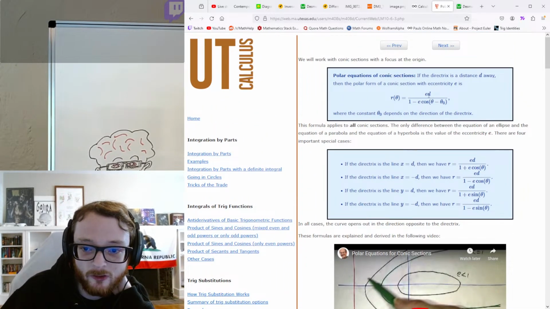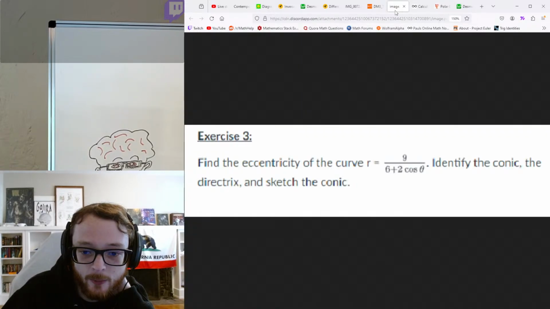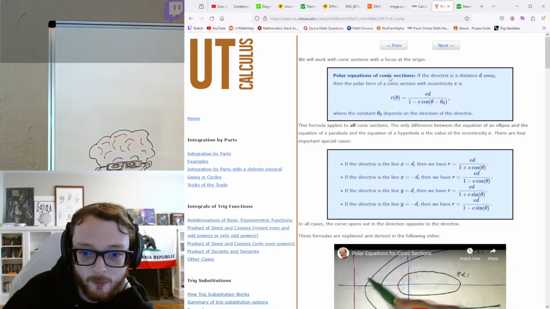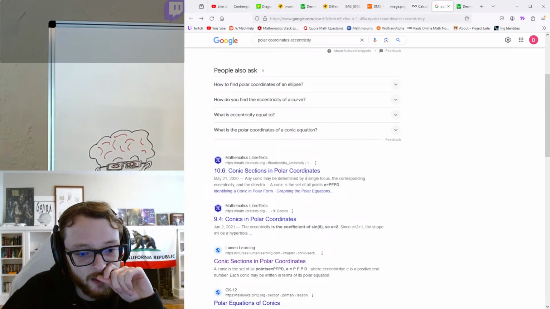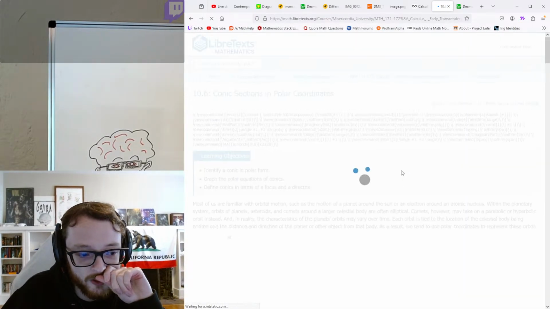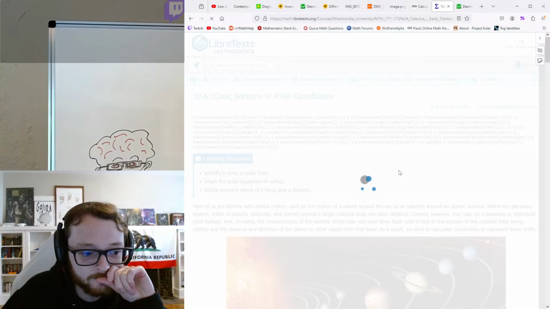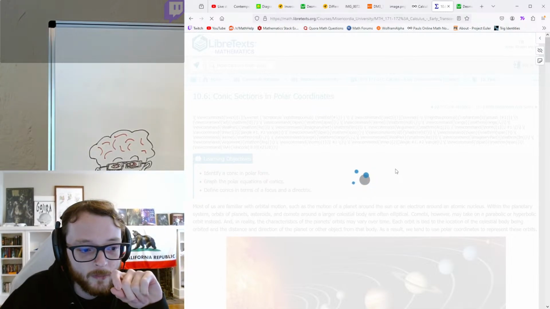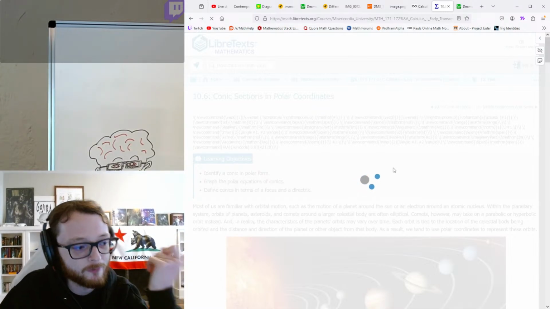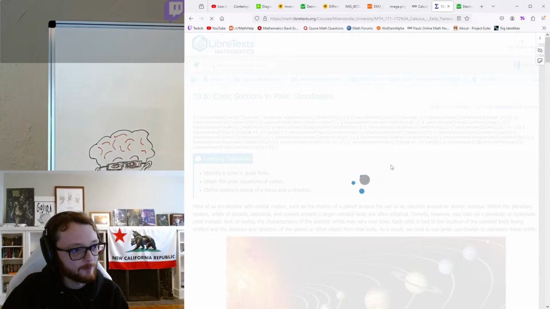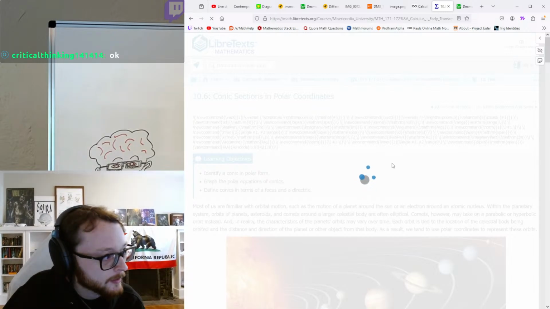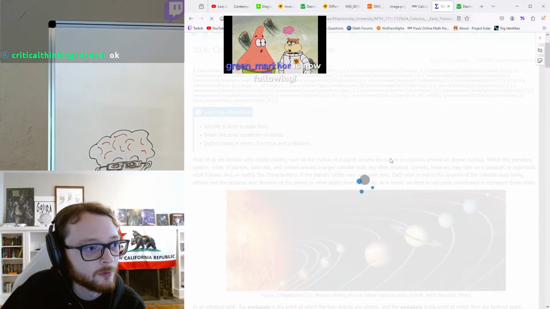So I think it's just gonna be matching these, the ed in the numerator and the e down here, to the equation that we're given. We have to do a bit of work before that, though. Let me look at a second source just to make sure I'm not going to say the wrong thing. Based off those 2 pieces of information, you can just tell what type of conic section you're going to have. I want to see if there's a rule.